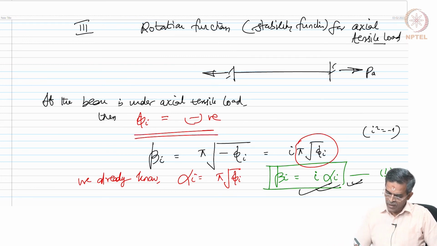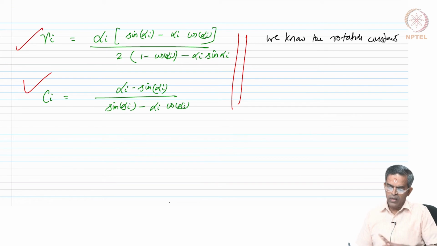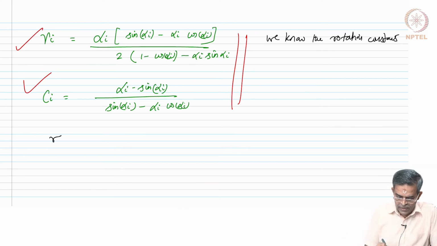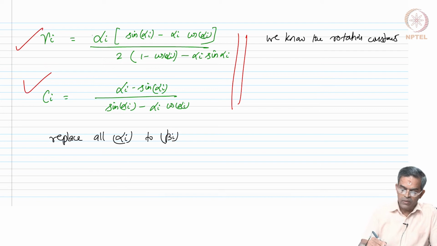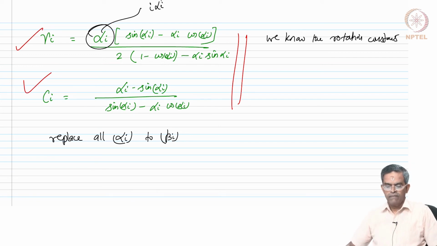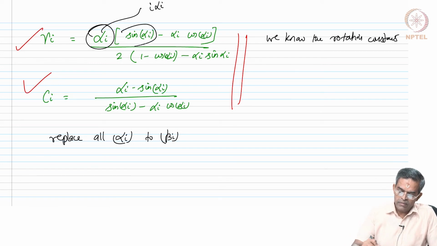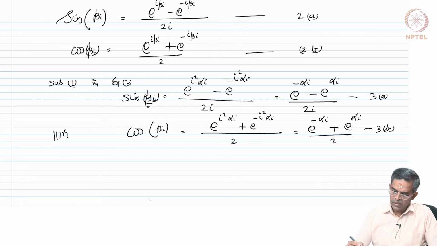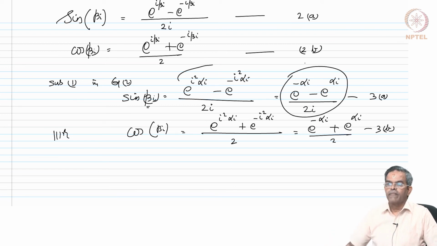So, I am going to just replace all alpha I to beta I. For example, this will become I beta I, I alpha I, and this will become sin beta I. So, I must get this equation extended there, this equation extended there, and so on.